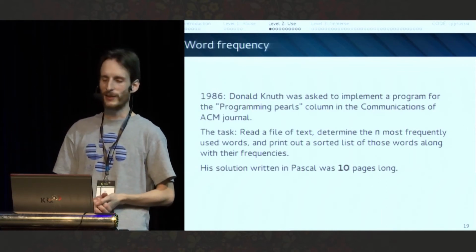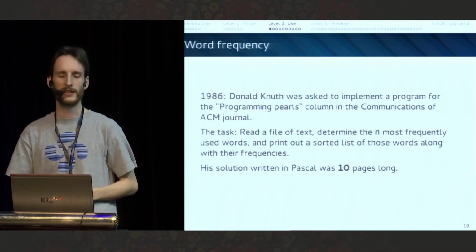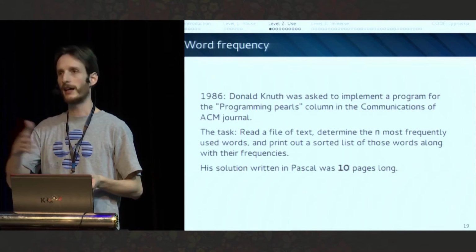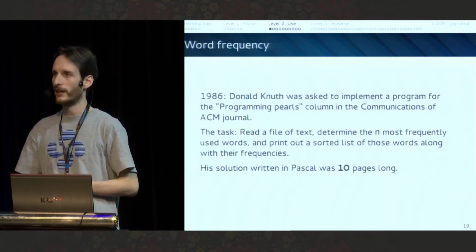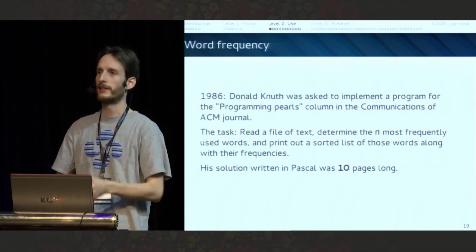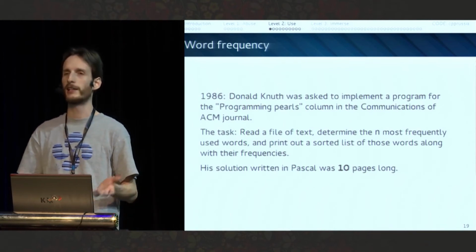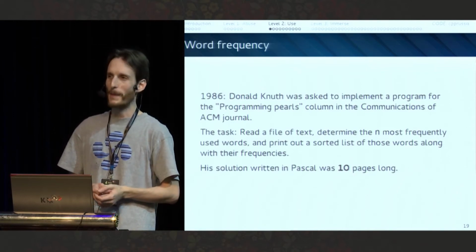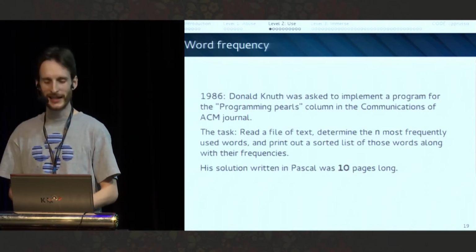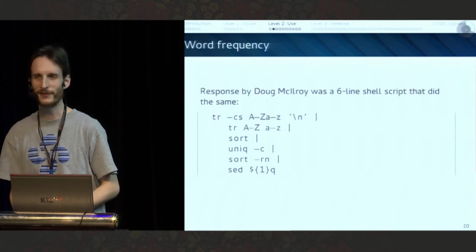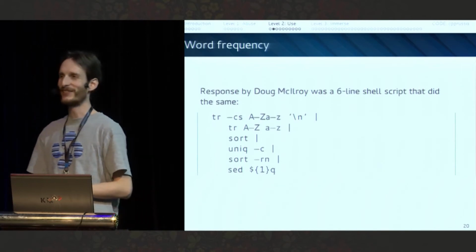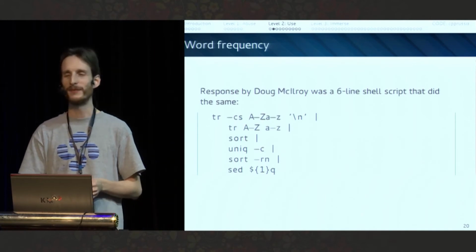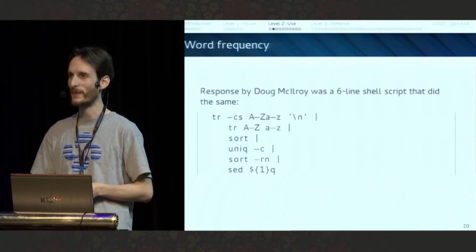And when he submitted it, it was a custom for that journal to ask another person to give a critique on the work. And obviously not a lot of people can give critique for Donald Knuth's work, but Doug McIlroy managed to send just a few lines of bash, of Unix shell scripting, that did exactly the same as the 10 pages long Pascal solution.